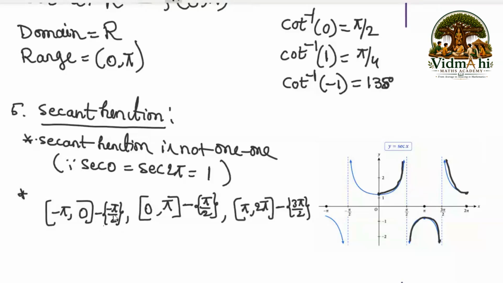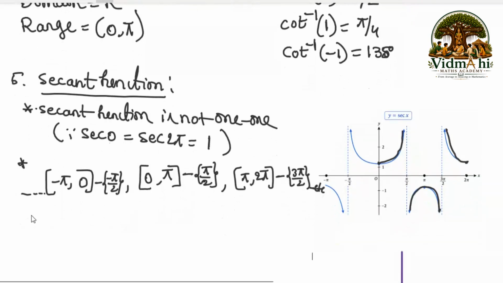Here minus represents except that point. So on, in all these intervals, the secant function is one-one.